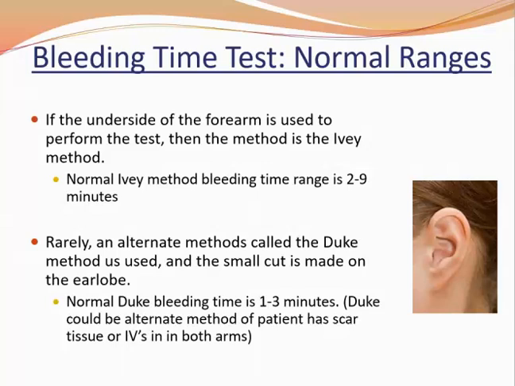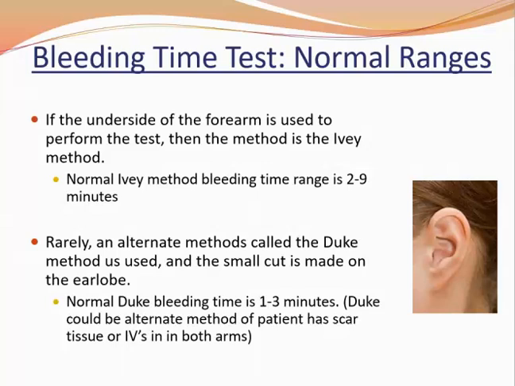The normal bleeding time for the Duke method is 1 to 3 minutes. Sometimes they use this as an alternative because the patient might have scar tissue, or they may have IVs in both arms and their forearms are not available for the test.